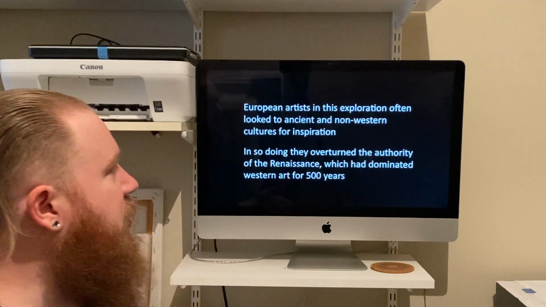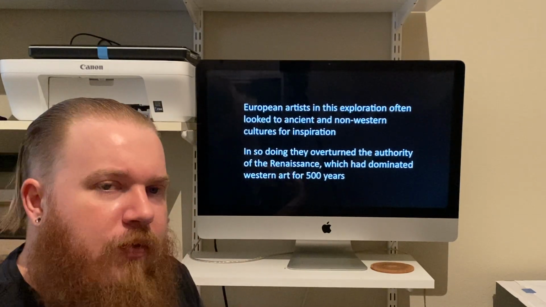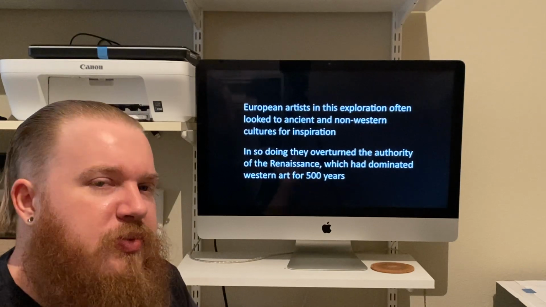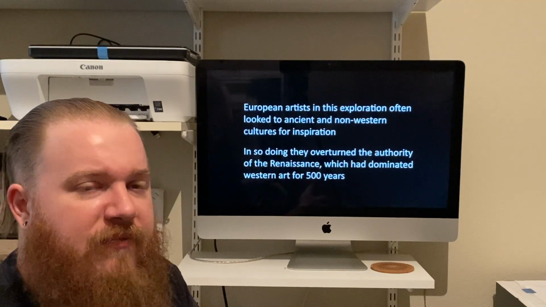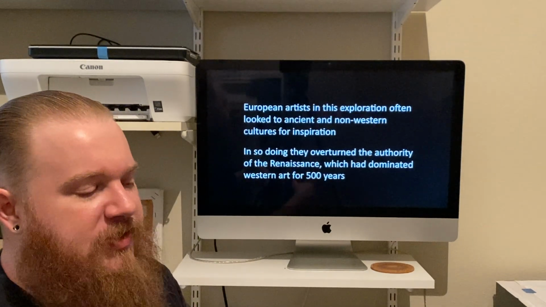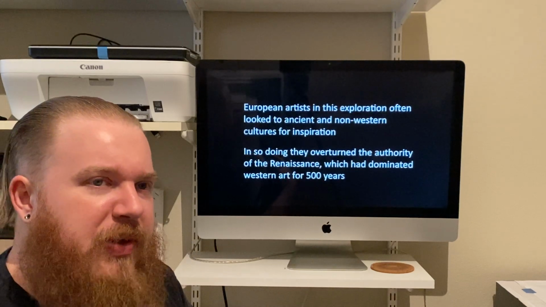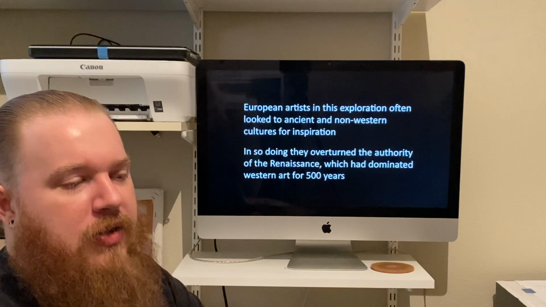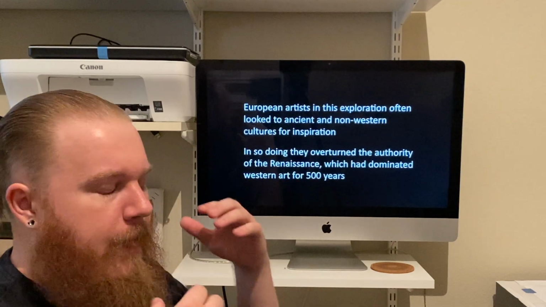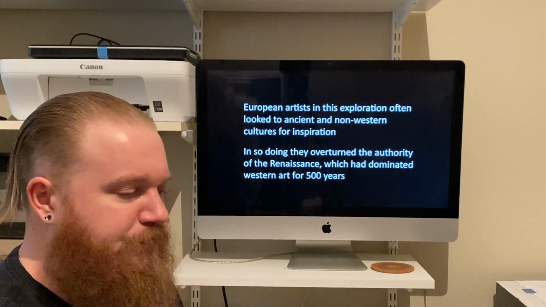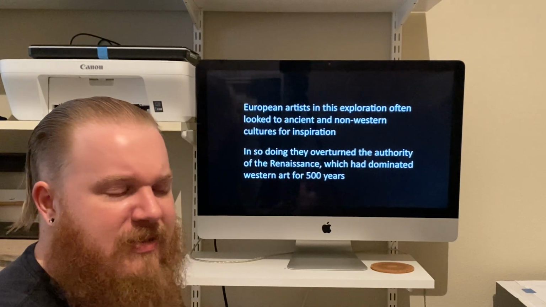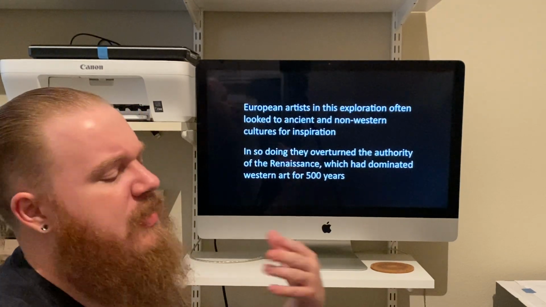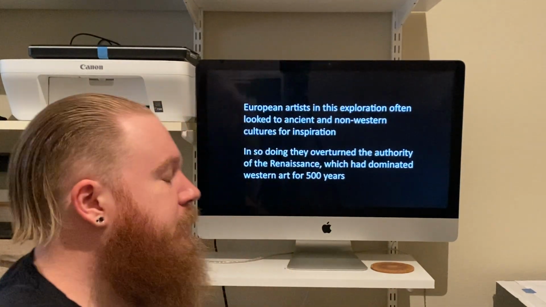And so in so doing, these artists begin to overturn the authority of the Renaissance, which had dominated art for the prevailing 500 years. So once again, we're starting to look at aesthetics beyond European aesthetics, if you will. So we're looking to traditional ethnic aesthetics or tribal aesthetics, things along those lines.